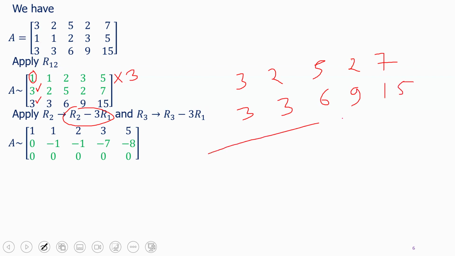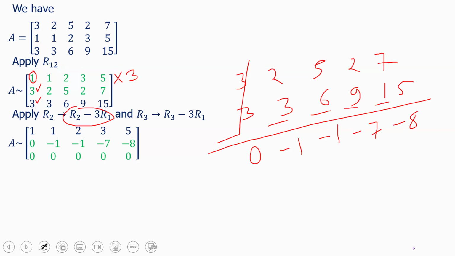Let us subtract it. So 3 minus 3 is 0. 2 minus 3 is minus 1. 5 minus 6 is minus 1. 2 minus 9 is minus 7. And 7 minus 15 is minus 8. So the second row is converted into this form.